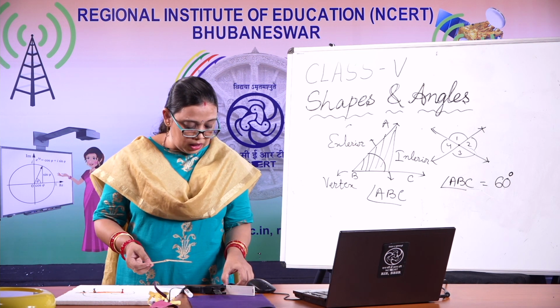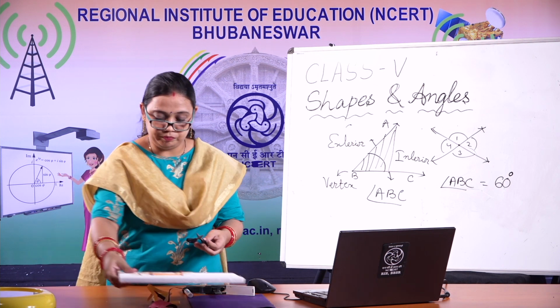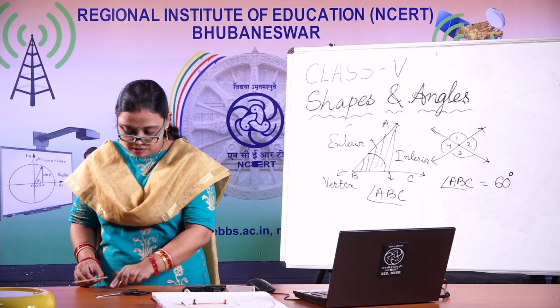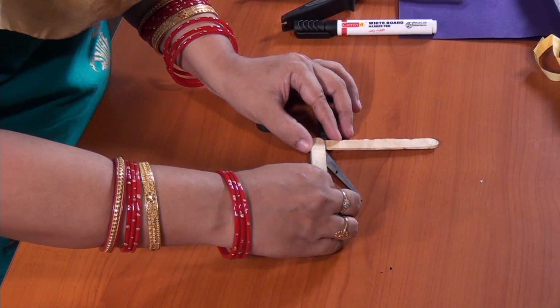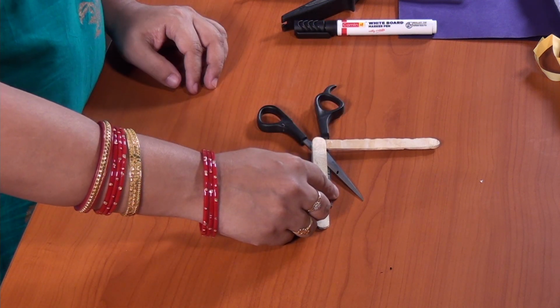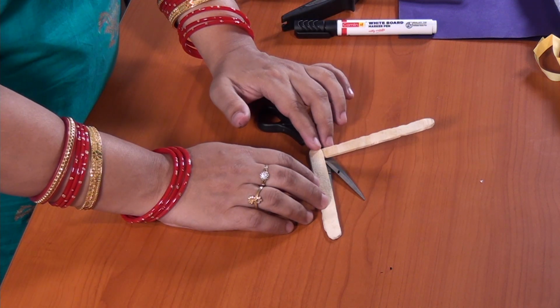What about the angles formed by this scissor? See. Oh, this is smaller than a right angle. So what type of angle is it? It is an acute angle.